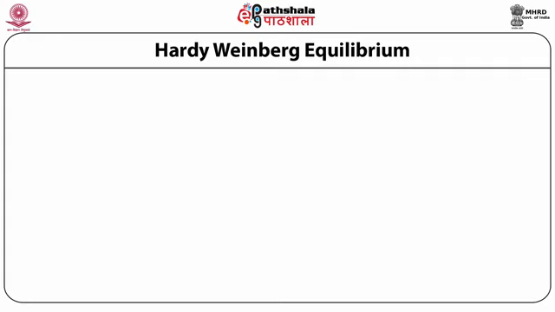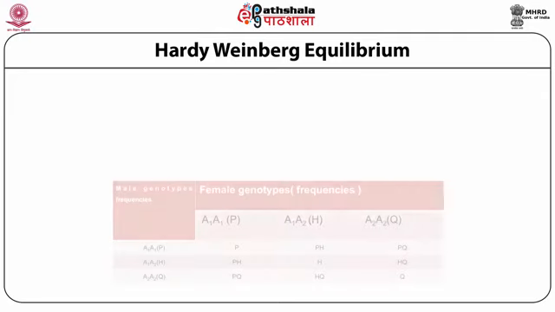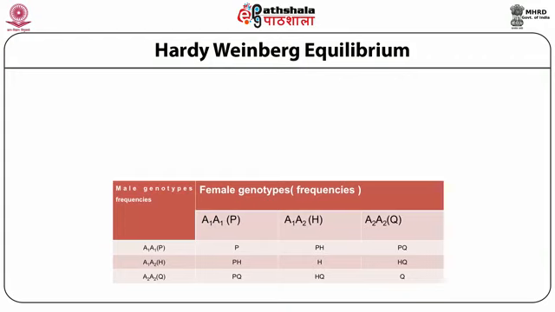If we consider a diploid organism, there are 3 possible genotypes in the population: A1A1, A1A2, and A2A2, that are present in the frequencies P, H, and Q respectively. The sum of genotype frequencies for A1A1, A1A2, A2A2, which we are saying as P, H, Q, should also be equal to 1.